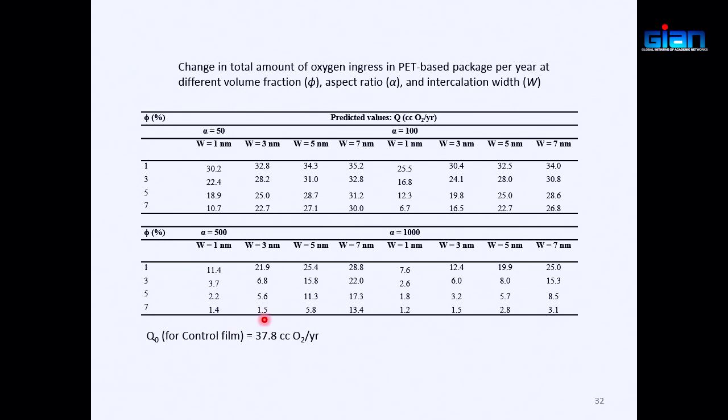And with this, you can see 1 order of magnitude lower oxygen ingress in the package, and that can increase your shelf life significantly. So this is how improving the barrier property of the film can really significantly improve the shelf life of your product, because the overall gas transmission in 1 year would be dramatically reduced by improving the barrier property.